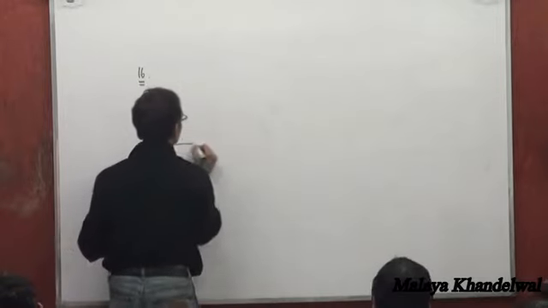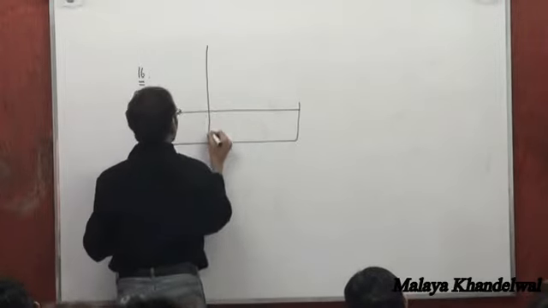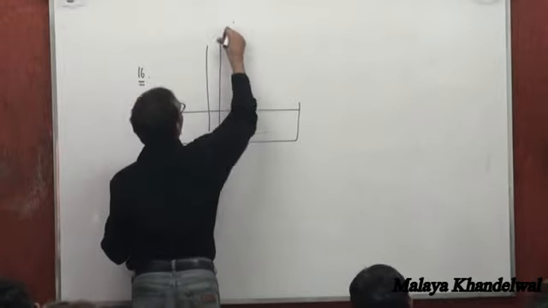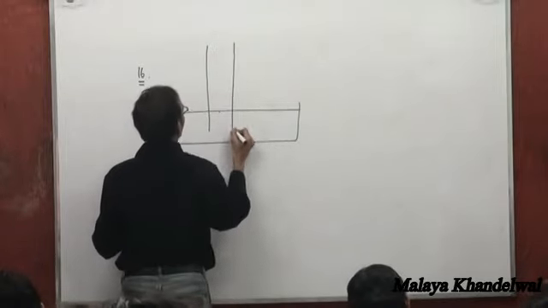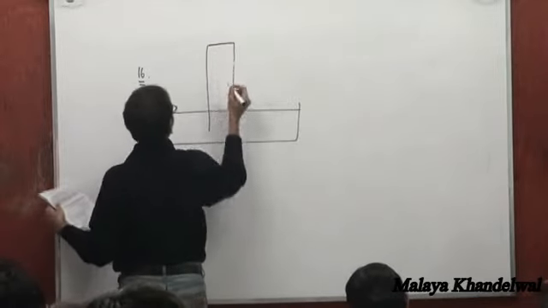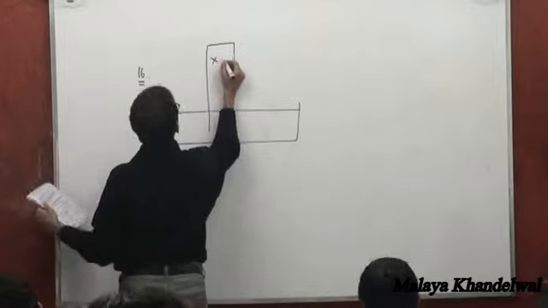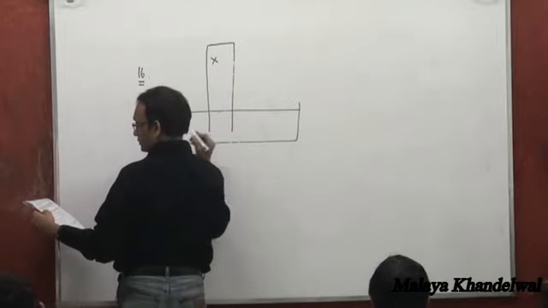A tube open at both ends is immersed vertically in a deep vessel containing mercury, so that air in the tube occupies the length x centimeters. Deep vessel, closed at one end. That air column is x centimeters, centimeters or millimeters does not matter.